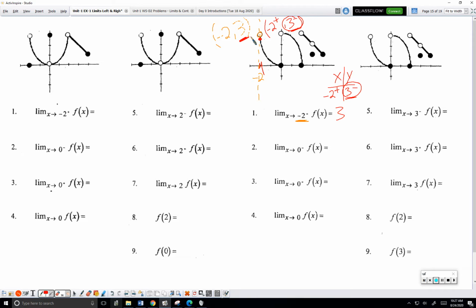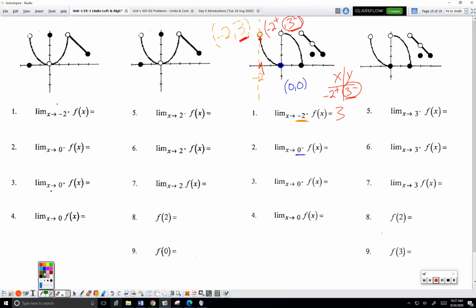The limit as x approaches 0 from the left. So I'm looking for the x-coordinate that is slightly negative of 0. This dot is at exactly 0, 0. I don't look there. I want the dot whose x-coordinate is just a little bit negative of x equals 0.